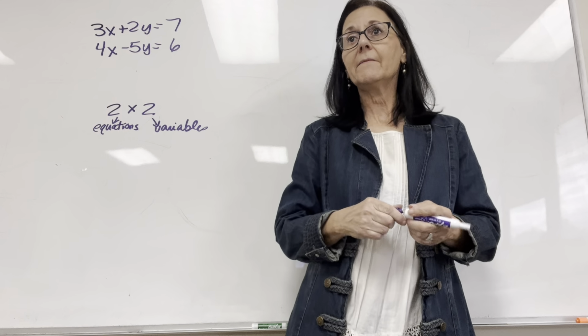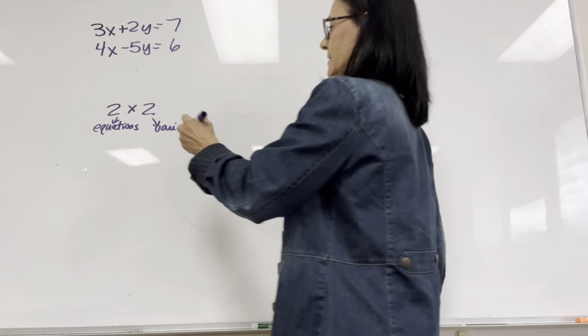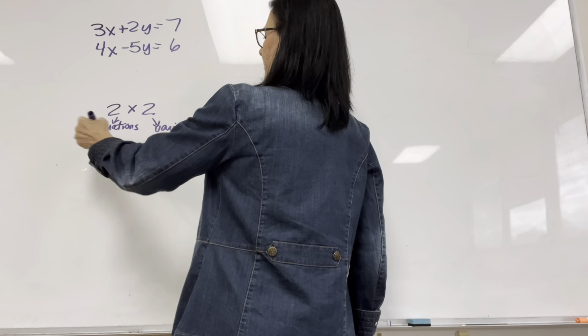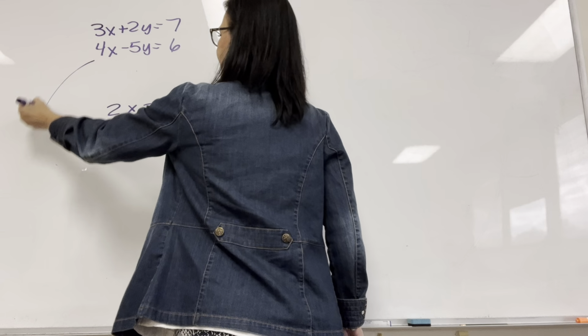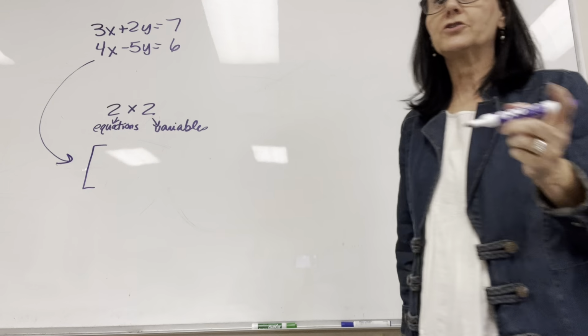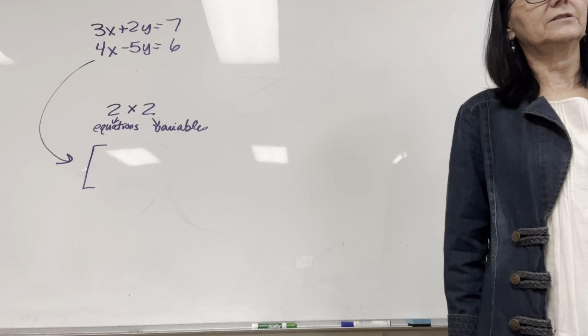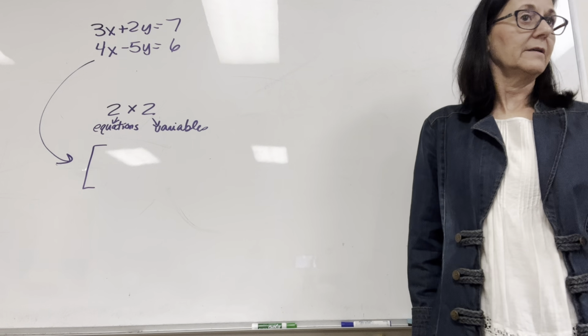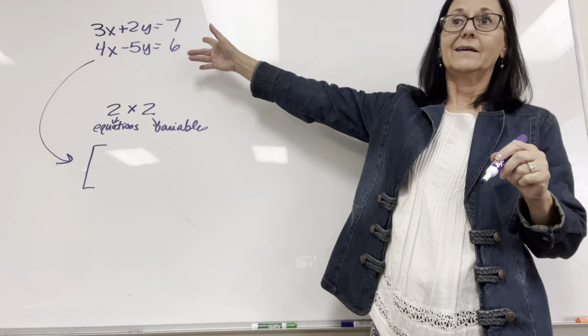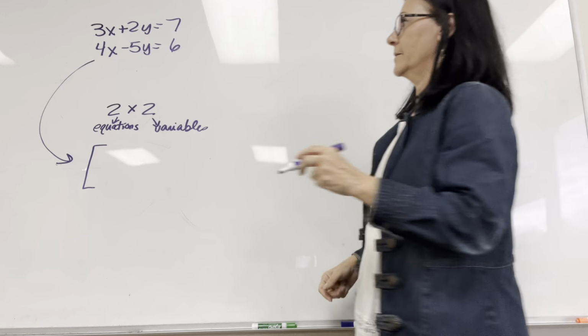All right, so this can be written in one of two ways. When I'm talking about equations and variables, it's really a 2 by 2. But if I were to write it as a matrix, I would write it as a 2 by 3. So everybody watch. I'm just going to write this as a matrix so that you understand that all a matrix is, is a system of equations.